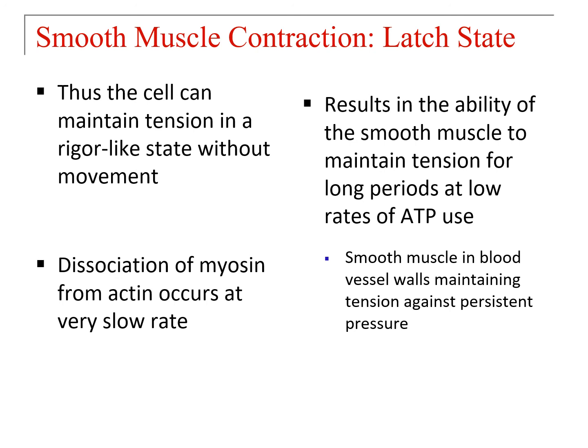Additionally, you see these long, slow contractions in peristalsis when food is moving through the GI tract. So smooth muscle has this ability to go into latch state and maintain a contraction for longer periods of time. Ironically enough, this maintained contraction actually results from less ATP use.